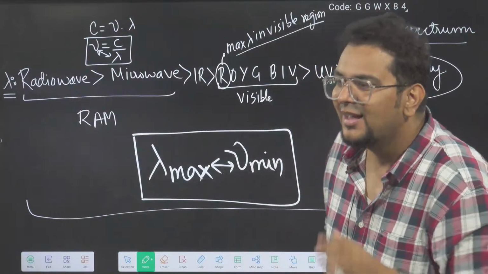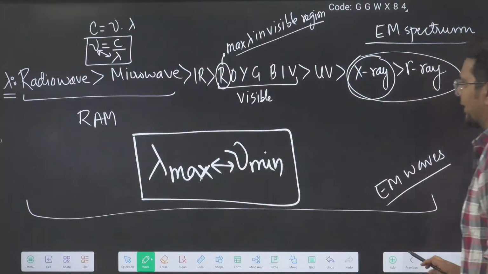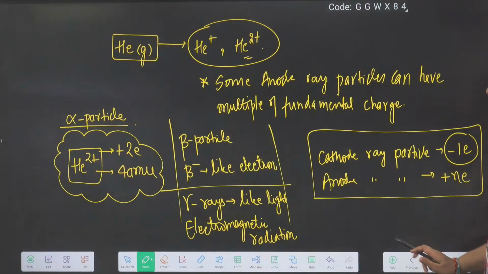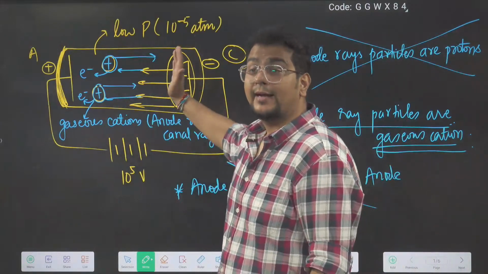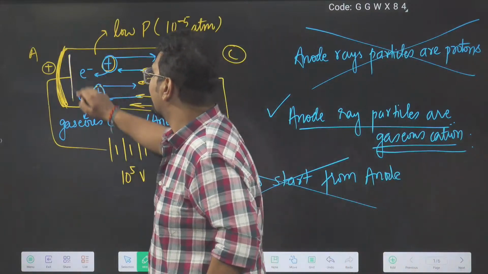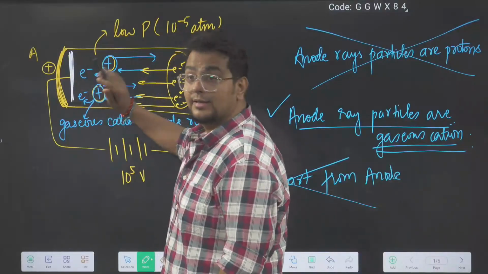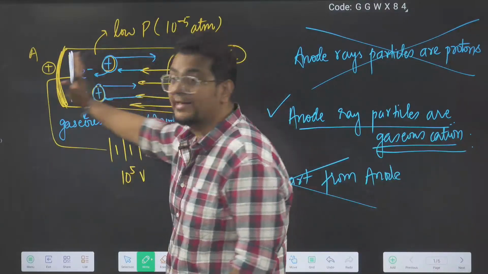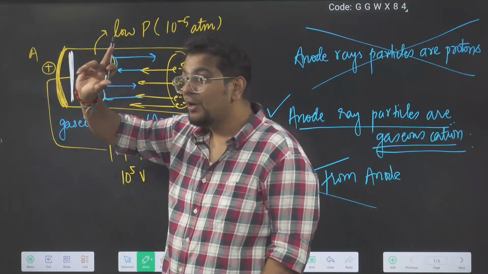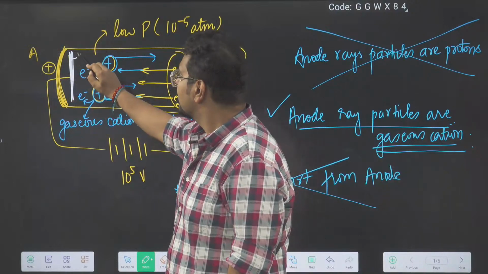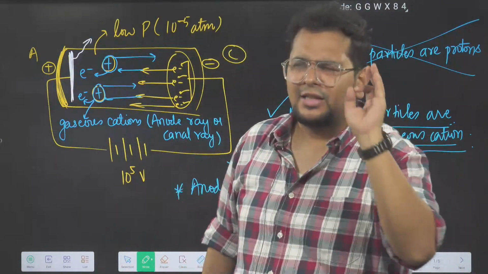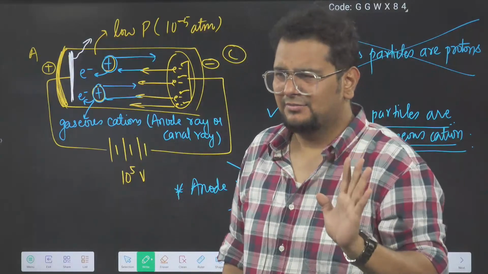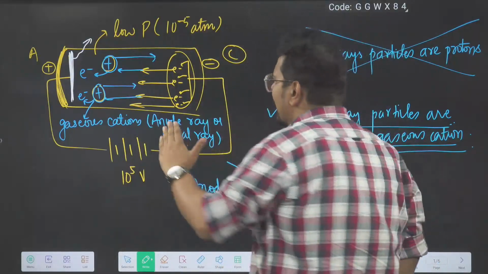Why? I'll tell you what happened. Very interesting story, but a very small story. In this experiment, when these electrons strike this metal, listen very carefully, people noticed some energy radiations were coming out of the glass also. Some highly penetrating radiations were coming out.